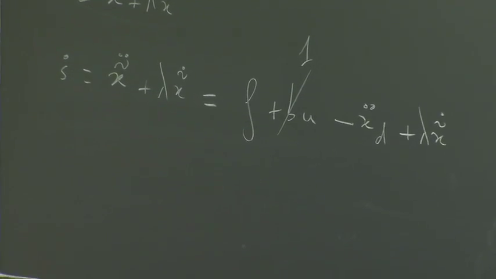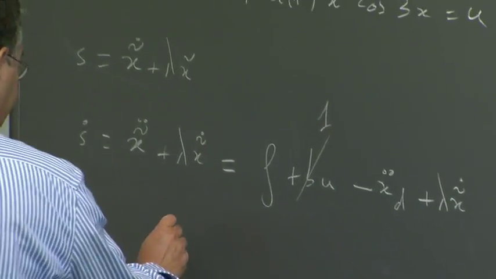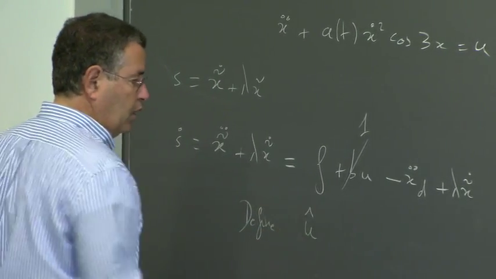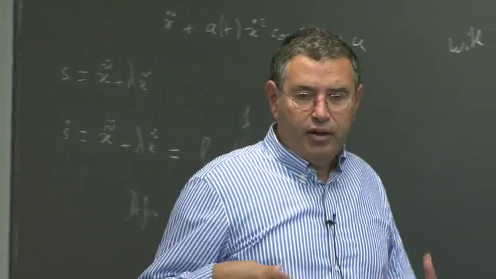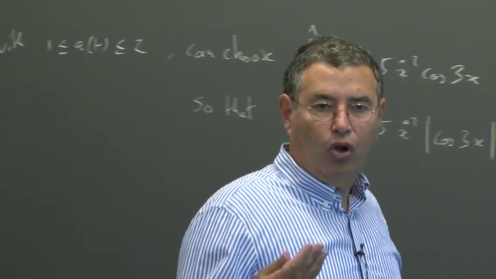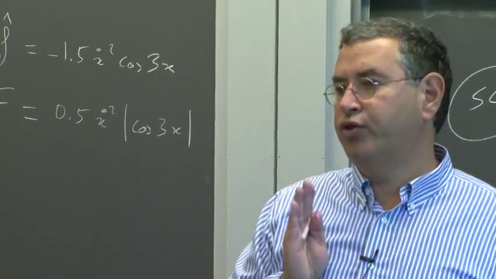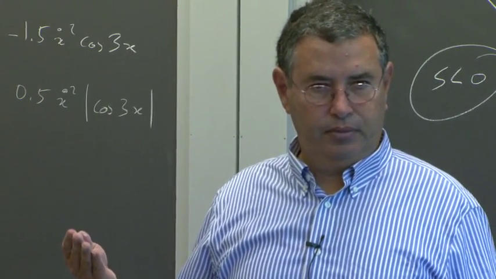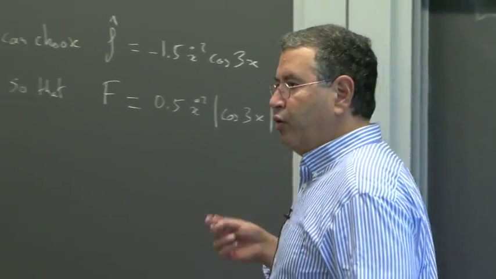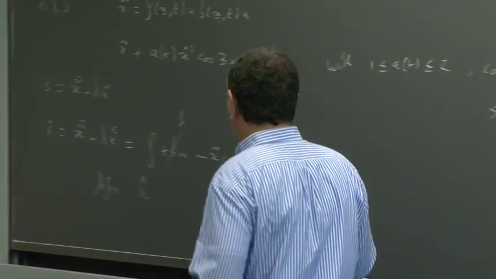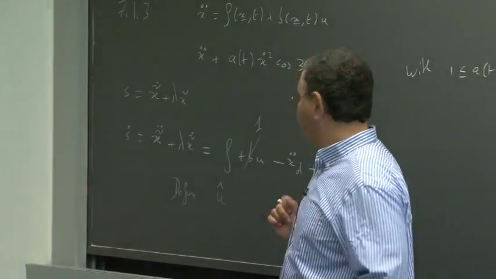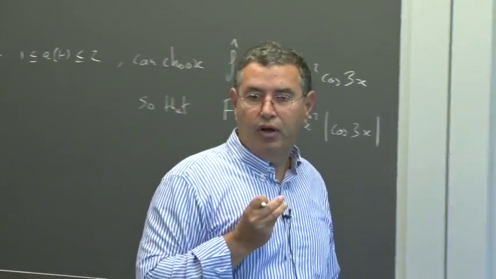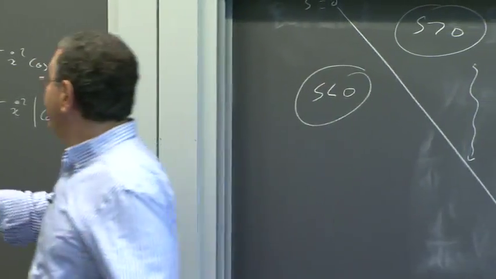So let's define u hat. U hat is the choice of control law that would make S constant if the dynamics was exactly known. All right? So it's the choice of control law that would make S dot equal 0 if we happen to know F, the dynamics F, exactly.